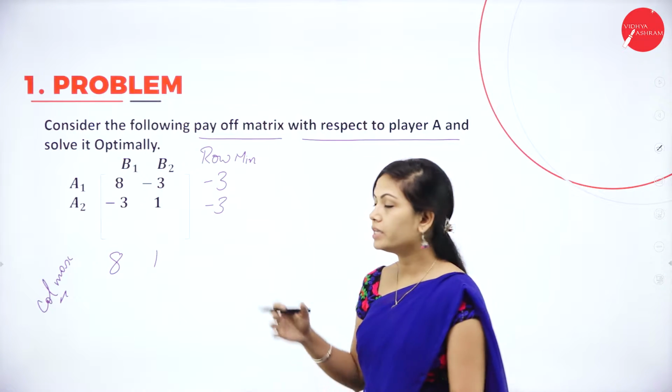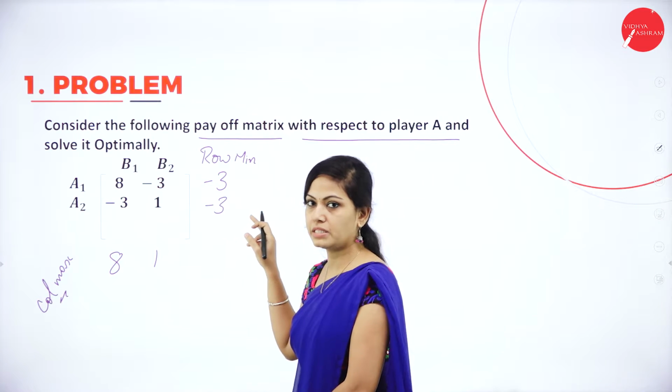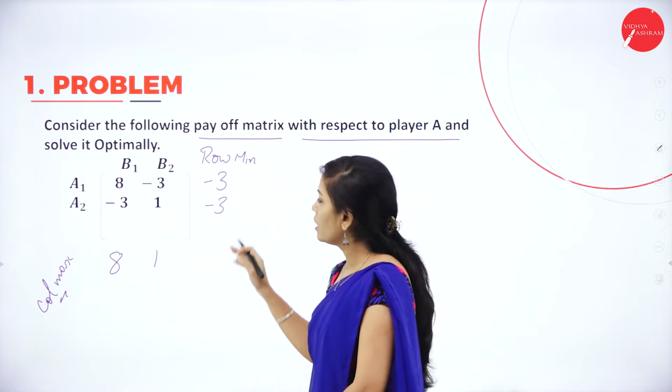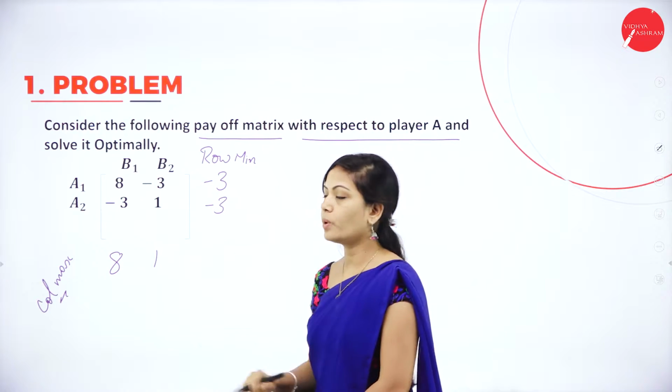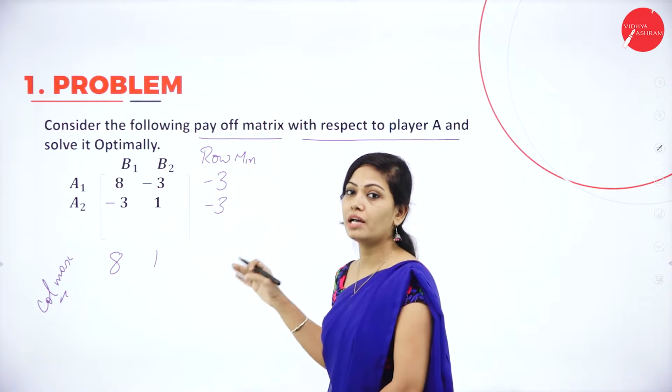Where do we find the maximin value? In the row minima, we have to find the maximum value. In the row minima, we have negative values, so we can take any one value. I will take minus 3 as the maximum value because both values are the same.